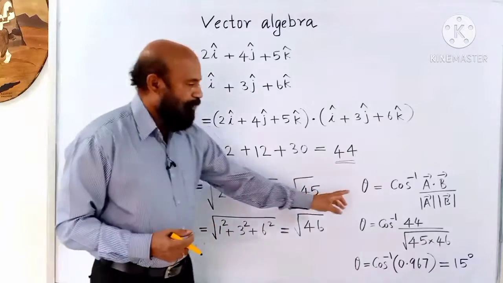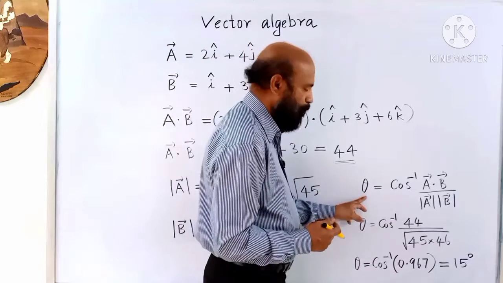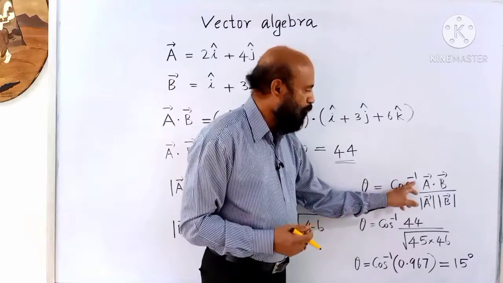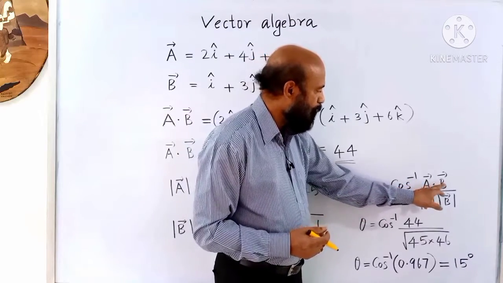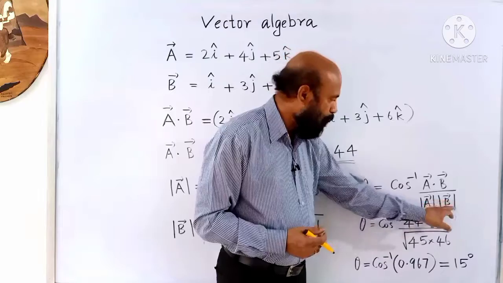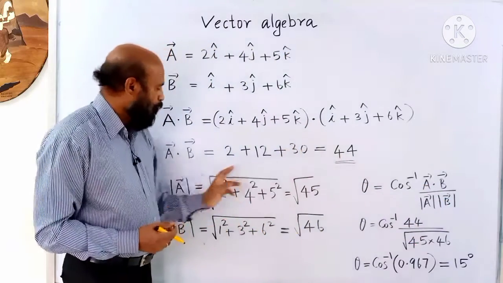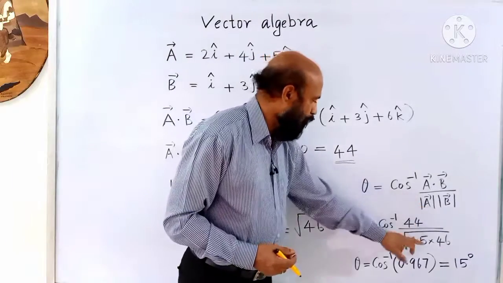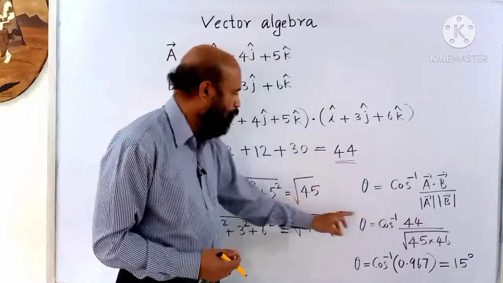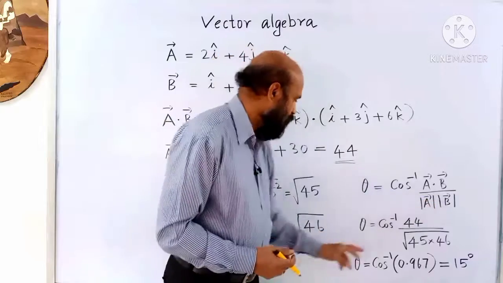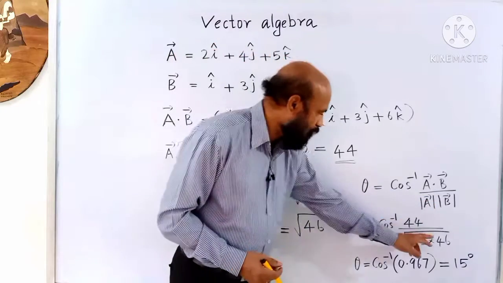Then angle between the vectors is given by this formula. Theta is equal to cos inverse A vector dot B vector divided by modulus of A modulus of B. A vector dot B vector is 44. Modulus of A vector is root 45. Modulus of B vector is square root of 46.